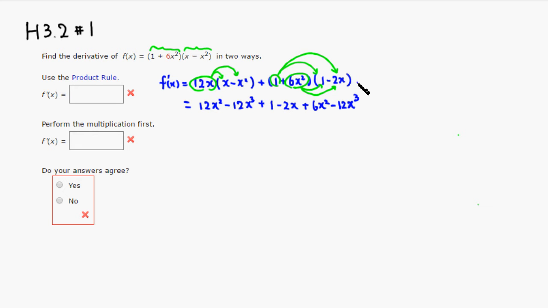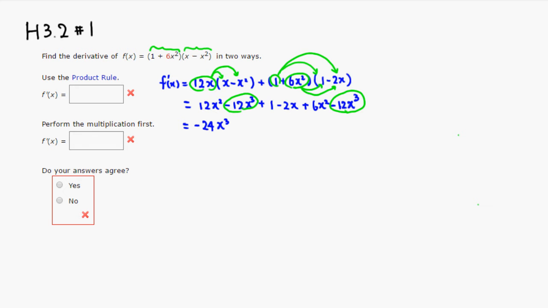So then I'm going to just collect the like terms. We have negative 12x cubed and the negative 12x cubed, so it's going to be negative 24x cubed.